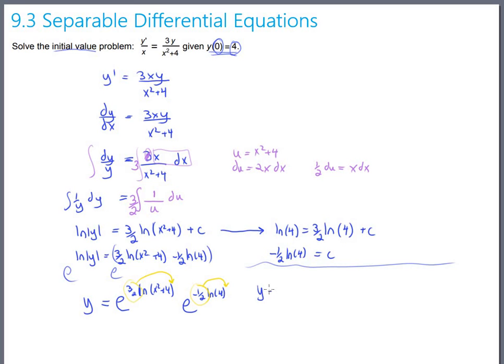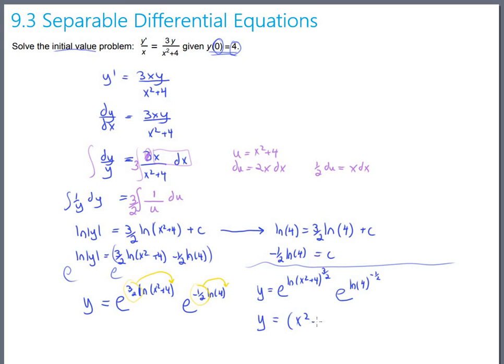So we can get y equals e to the natural log of x squared plus 4 to the 3/2 times e to the natural log of 4 to -1/2. Now the e's and natural logs can cancel each other. So finally, we're finally here.